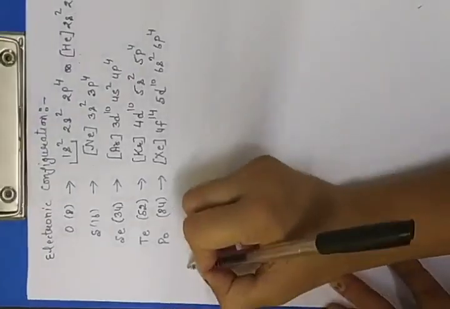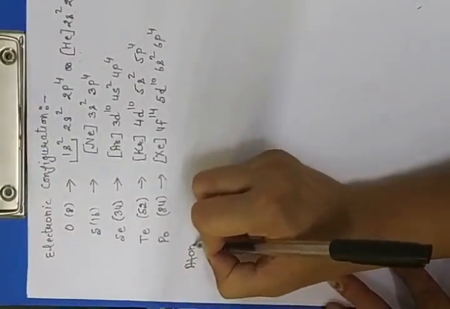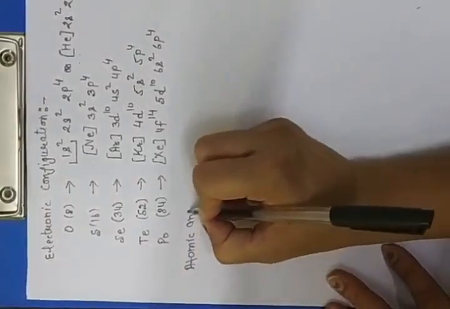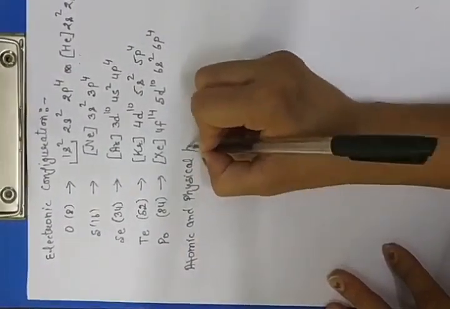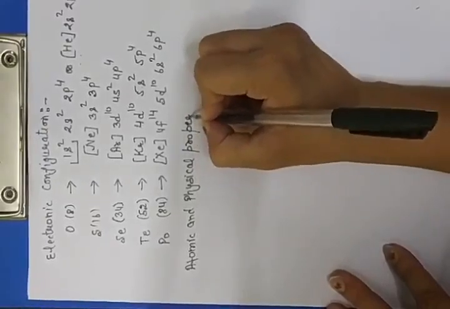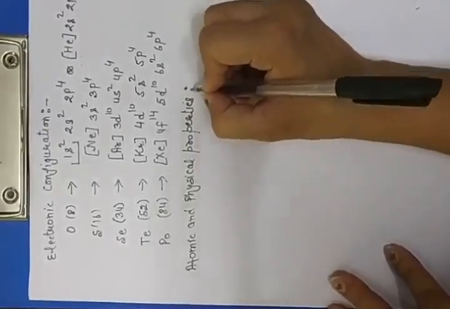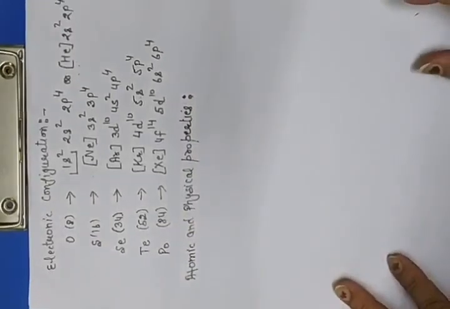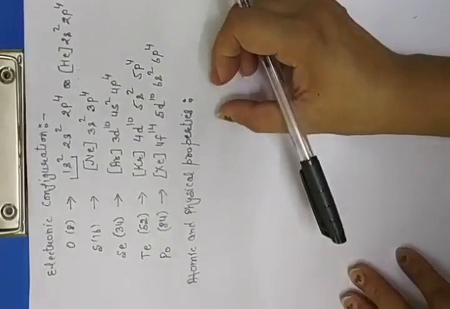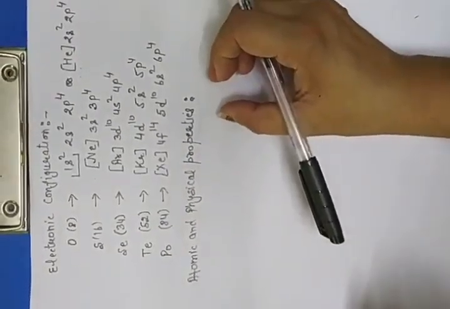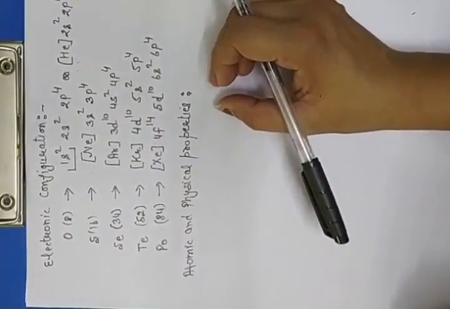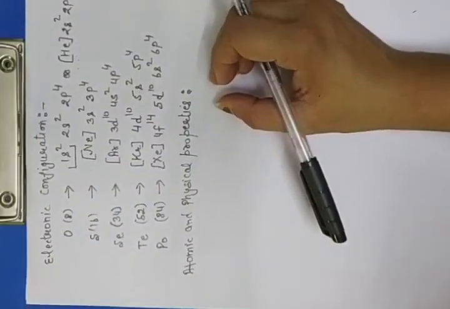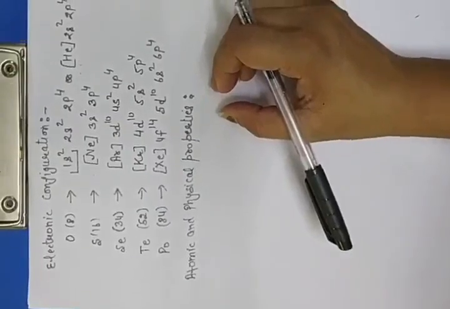The next one is atomic and physical properties of group number 16 elements. They are the same as discussed in other groups, that is atomic and ionic radii, metallic character, ionization enthalpy, electron gain enthalpy, and so on.